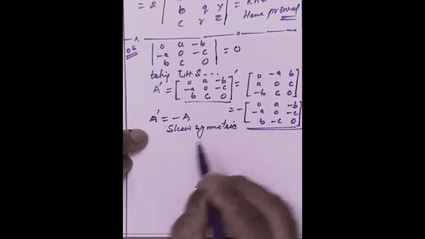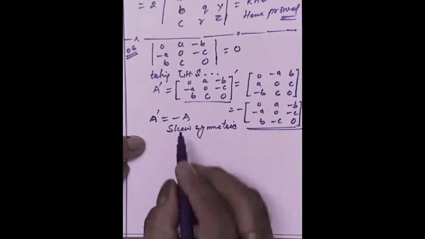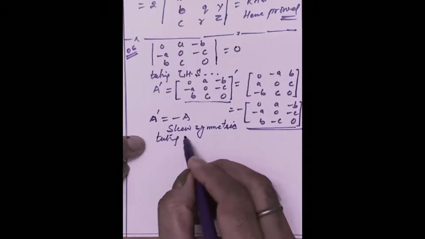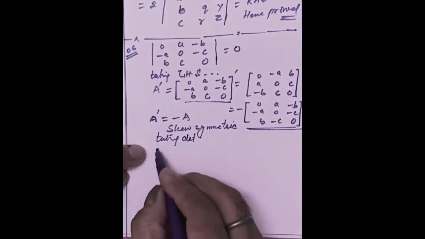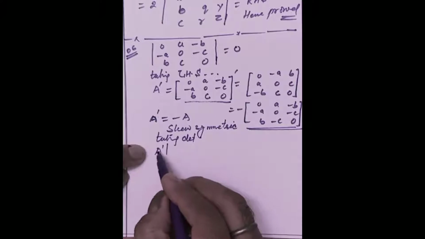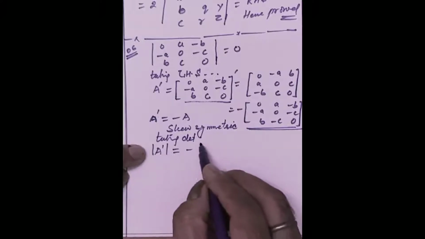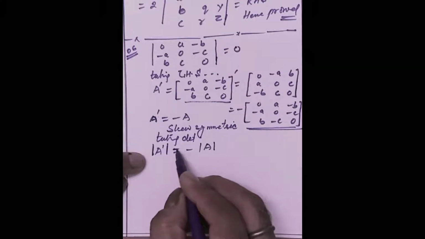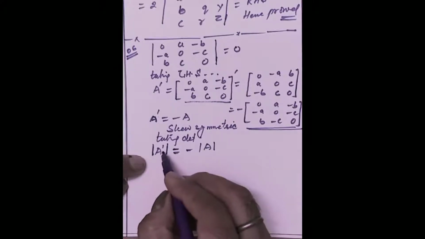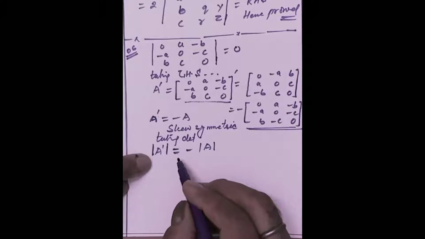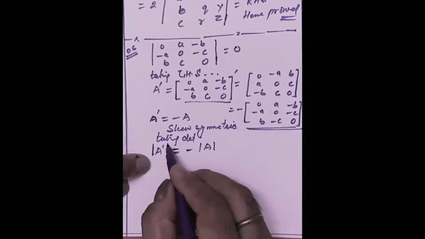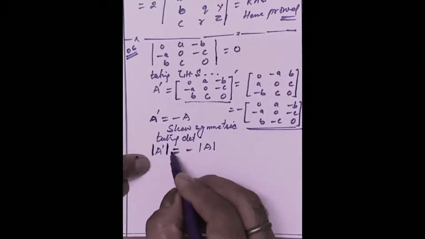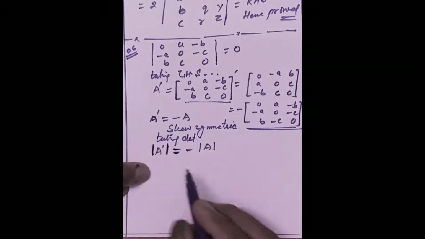If the matrix is skew symmetric, we can write this way, taking its determinant both sides. So what will happen? The determinant of transpose of A is equal to minus times determinant of A. Now we have studied in properties of determinant that the determinant of the transpose remains the same. Its value is same before the transpose or after the transpose.